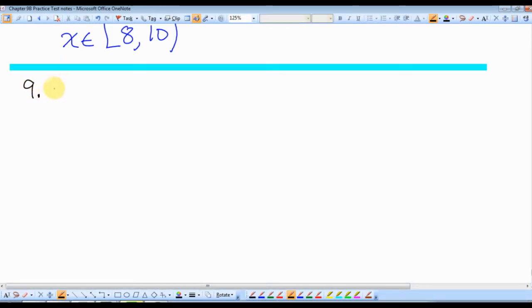Question 9 is a series x minus 3 to the n over the quantity 3n factorial. Okay, major possibility of algebra fail right here. It's not 3n plus 1, it's 3 times n plus 1. Okay?